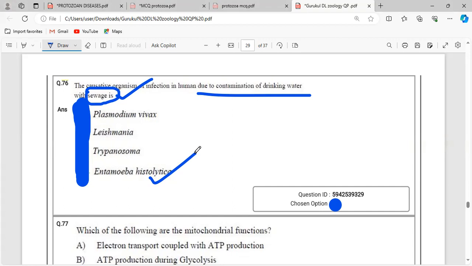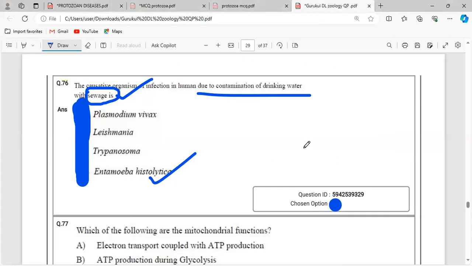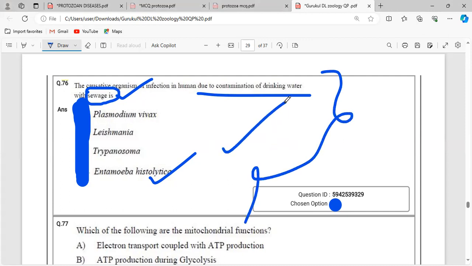That amoebic dysentery is caused by Entamoeba histolytica. Clear? We have completed protozoa, and this is how the questions arise. We can easily scrutinize the options only when you repeatedly read the PPT.